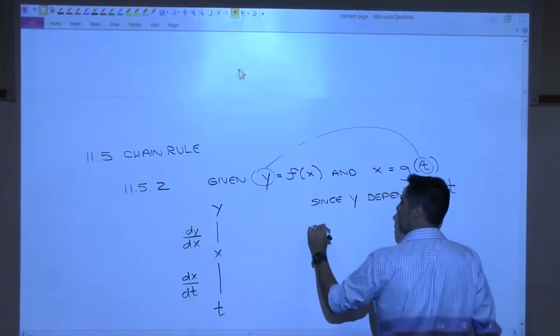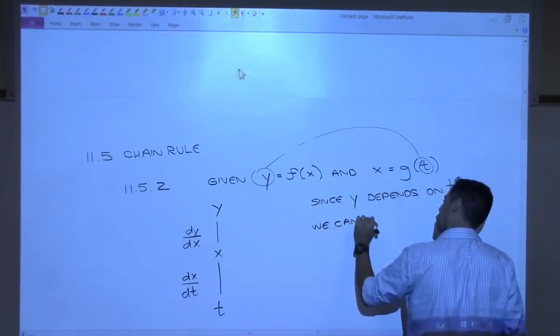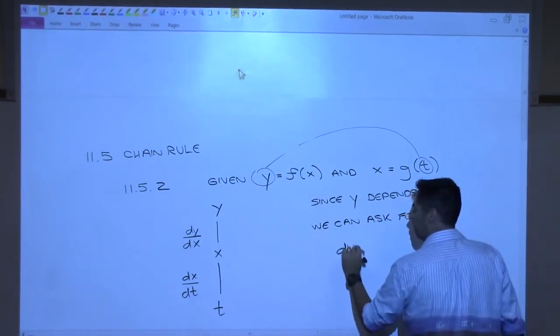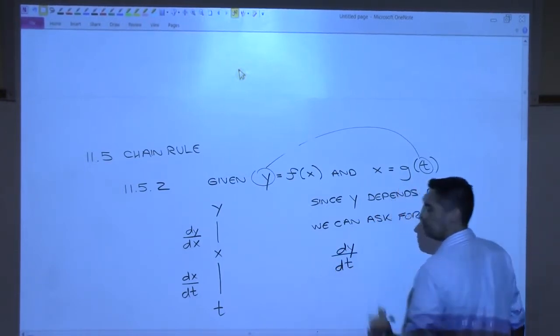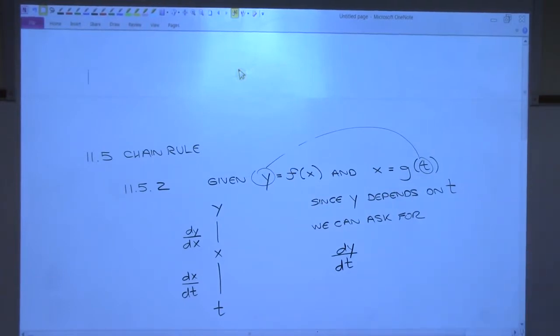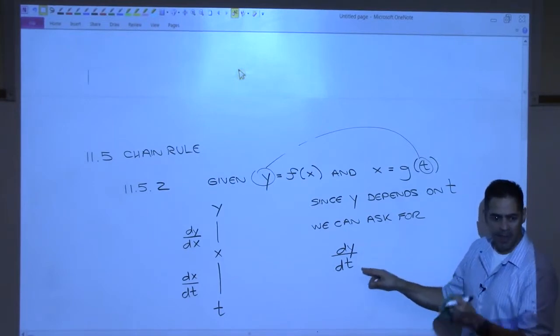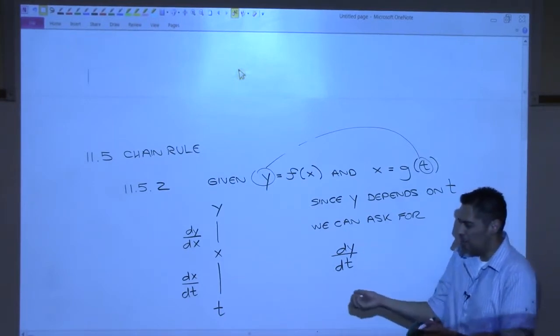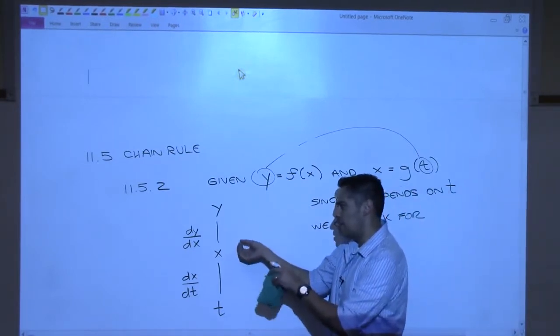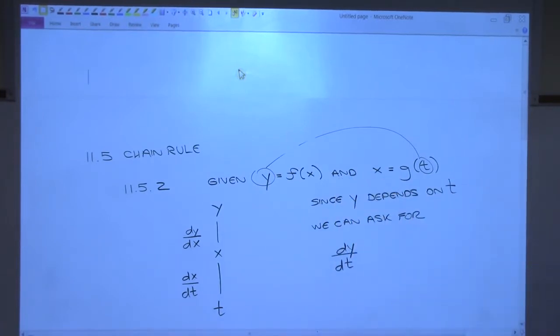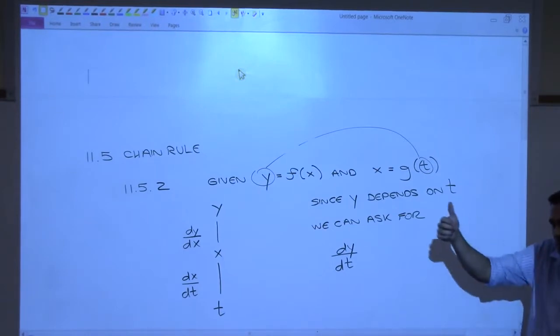Then we can ask for dy/dt. That would be the rate at which y is changing with respect to t. So you change t by a little bit, that changes x, in turn that changes y. So we can talk about the instantaneous rate of change of y if there's a little bit of a change in t. Yes? We good?